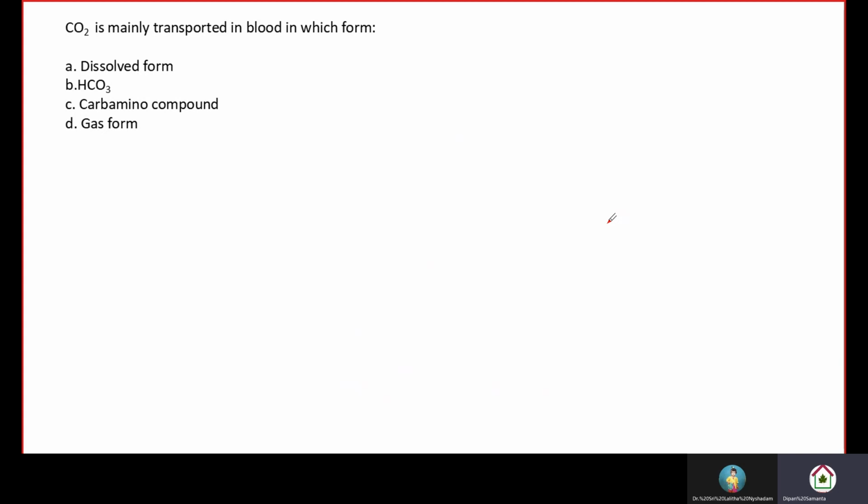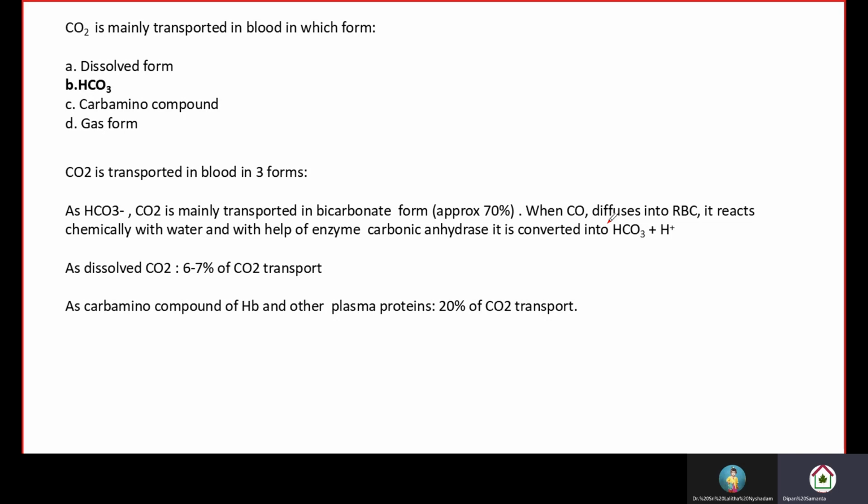Next question: CO2 is mainly transported in blood in which form? Dissolved, bicarbonate, carbamino, or gas form? Very good question. The answer will be bicarbonate.